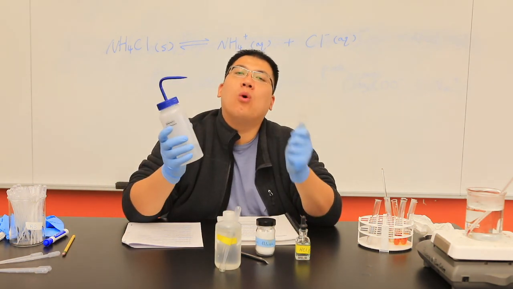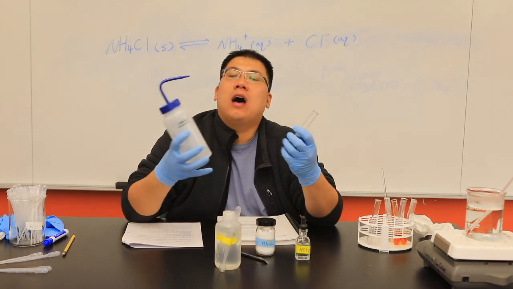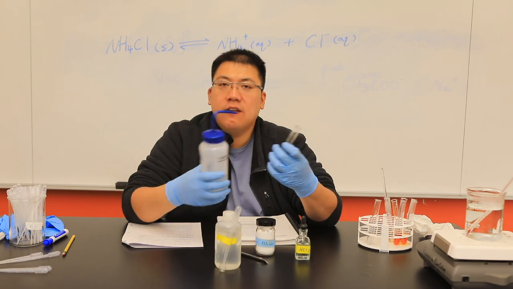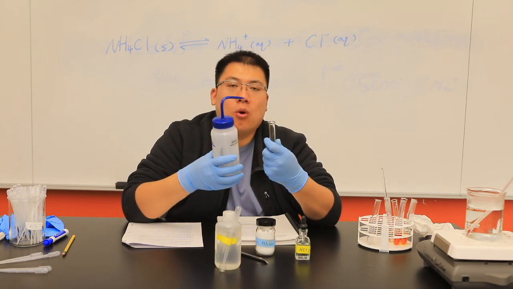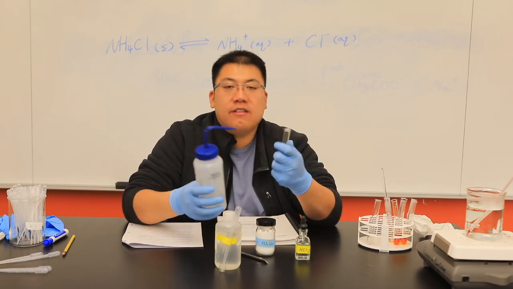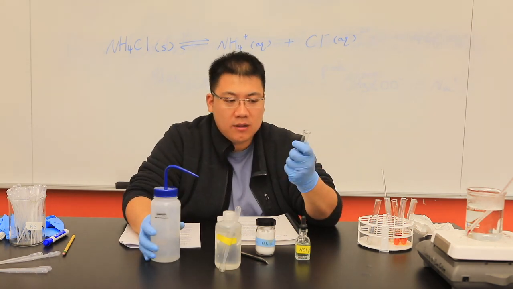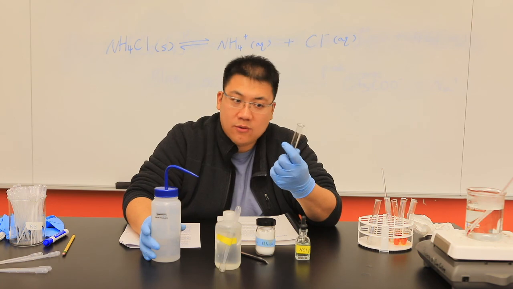I'm going to add some water to it, and then I want to feel the temperature change, whether it released heat or absorbed heat. Obviously, you're probably not able to tell this from a camera, but I'll tell you whether it feels hot or cold.